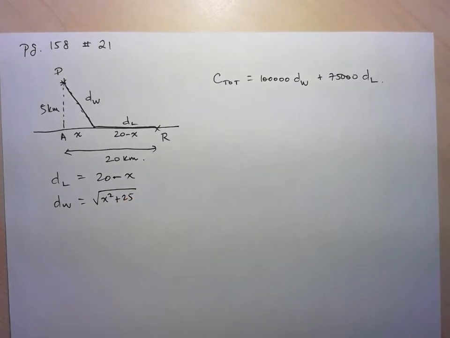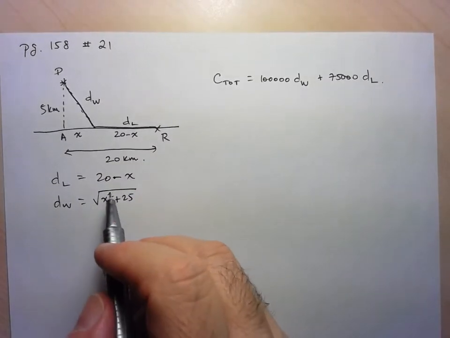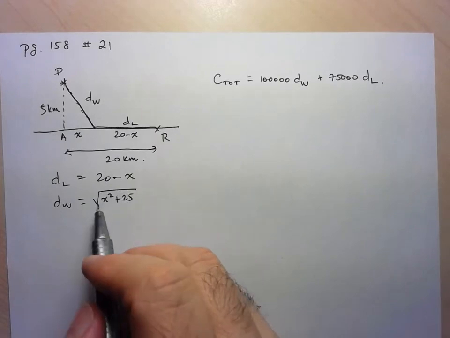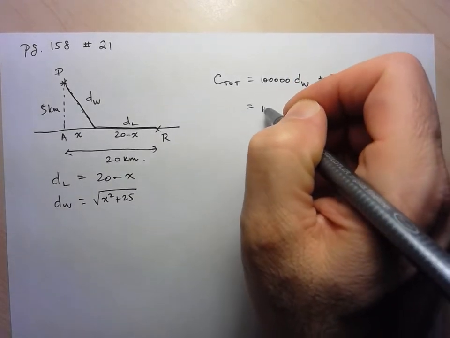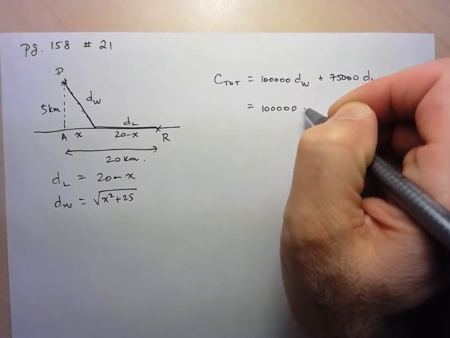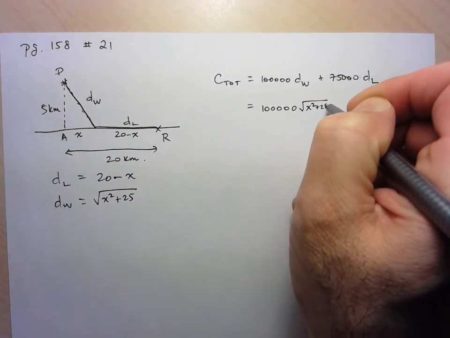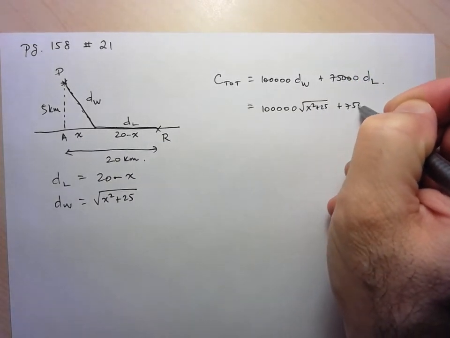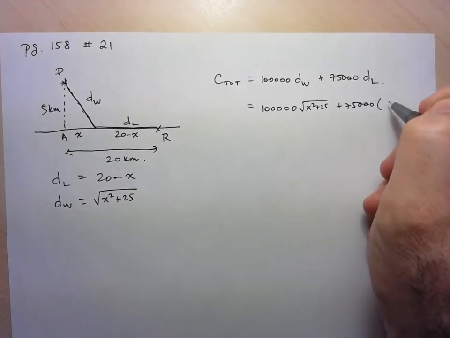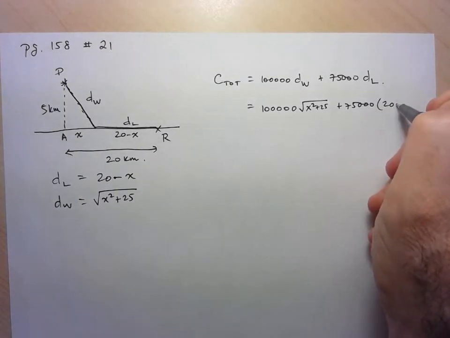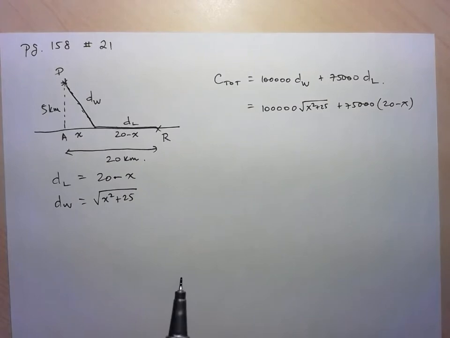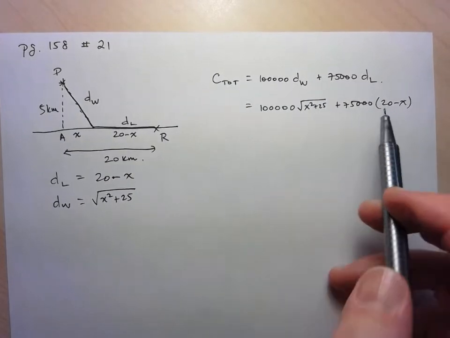Okay, and so now we have both of these variables in terms of the same variable, which is exactly what we want. So dW is the square root of x squared plus 25, and then we have 75,000 times dL, which is just 20 minus x. And now we have a model in terms of one variable.